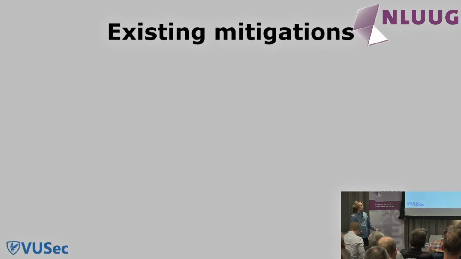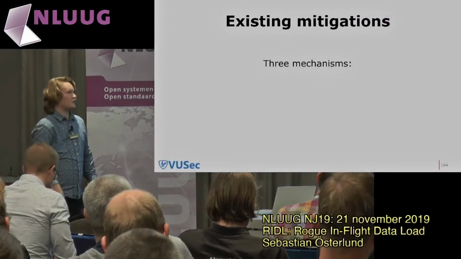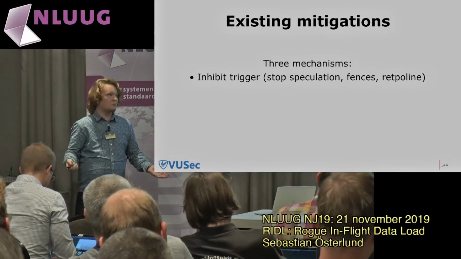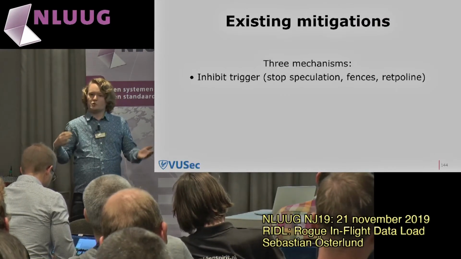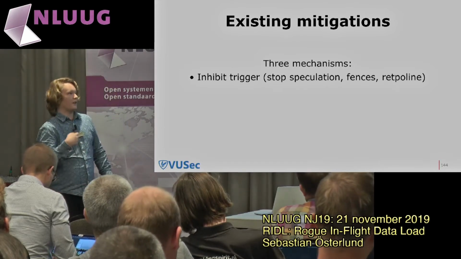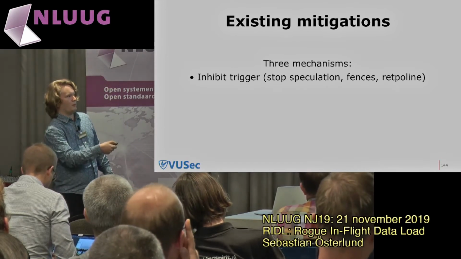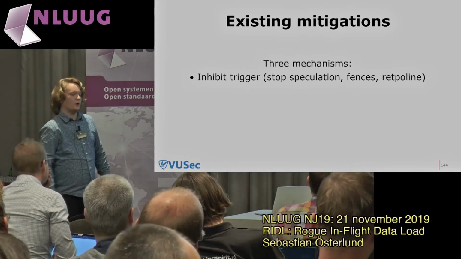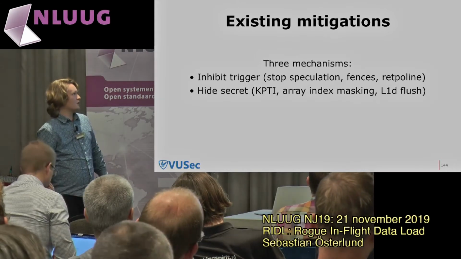So let's talk a bit about existing mitigations for the speculative execution attacks. There are three mechanisms. One is to inhibit the trigger, which is basically to stop speculation or add fencing, and you might be familiar with the Retpoline compiler pass to defend against these kinds of attacks.